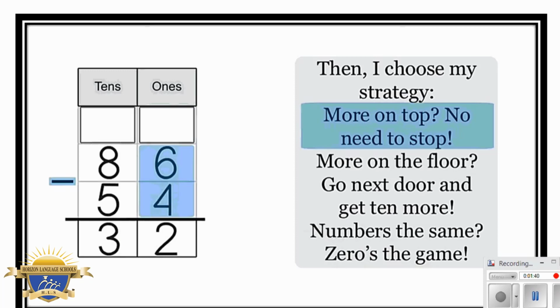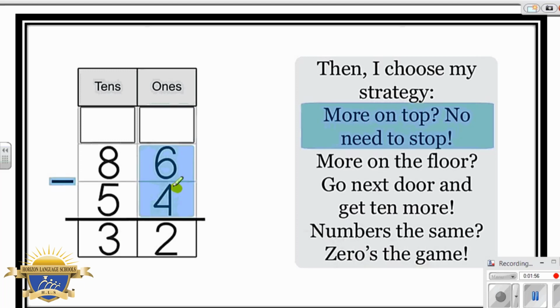So when we subtract by using the counting on strategy, I circle the small number, which is 4. So I will make a circle on number 4, and I said that the 4 wants to be 6.